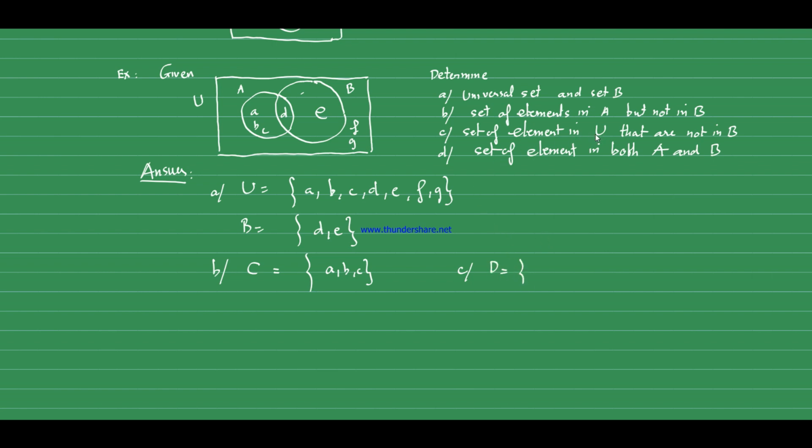It's the set of elements in U but not in B. Except for D and E, we have A, B, C, F, G.